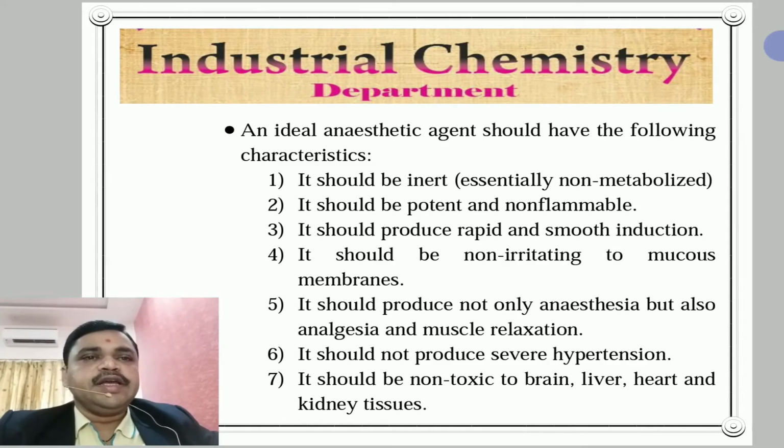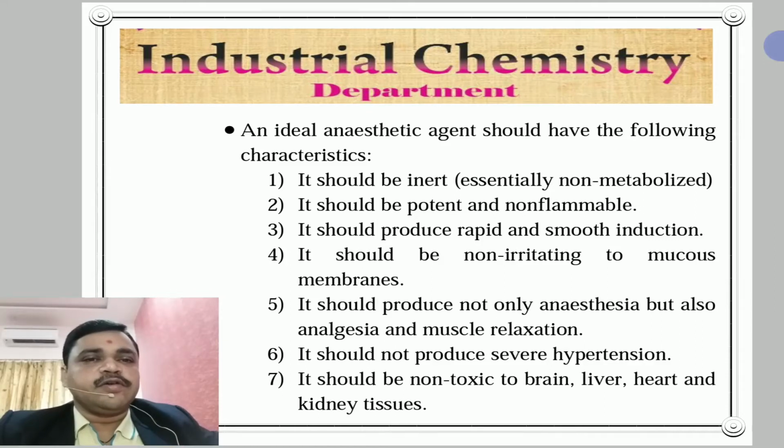Number 3, it should produce rapid and smooth induction. Number 4, it should be non-irritating to mucous membranes. It is very important. Number 5, it should produce not only anesthesia but also analgesia and muscle relaxation.